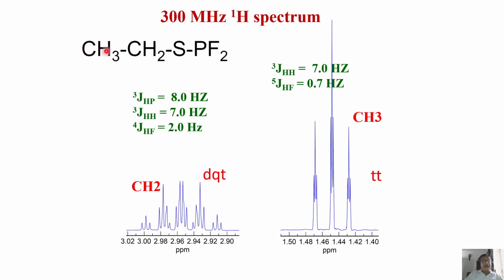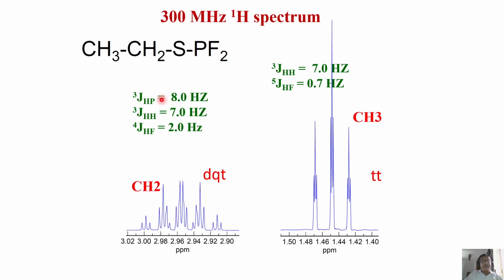So this is a 1, 2, 3, 4, 5 bond coupling. Five bond coupling between these CH3 protons and two fluorines, which are equivalent, gives rise to a triplet of triplets. Remember, they are magnetically equivalent. You apply the 2nI+1 rule. It is a triplet because of this CH2, and now because of F2, each line of this triplet is an additional triplet. So this is a triplet of triplets you are going to get.